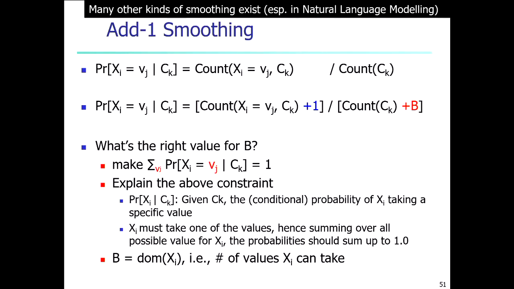And now we add 1 here, and adding 1 is called add-one smoothing. You can think of it this way: if the count here is 0, you still get 1 divided by something. But previously you would get 0.